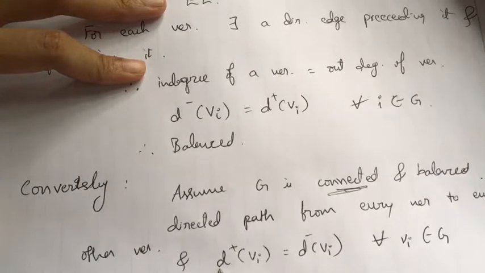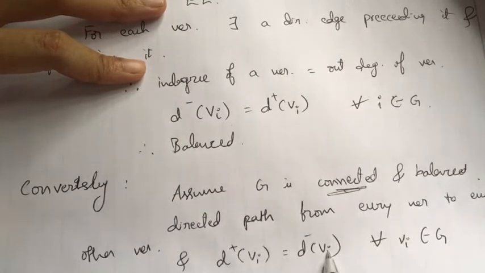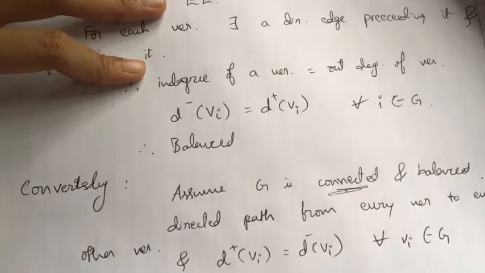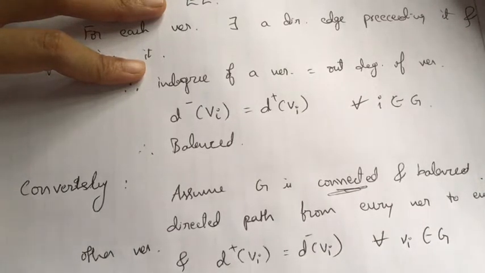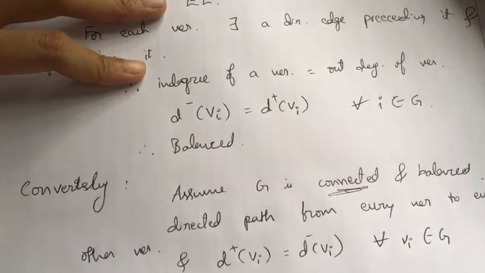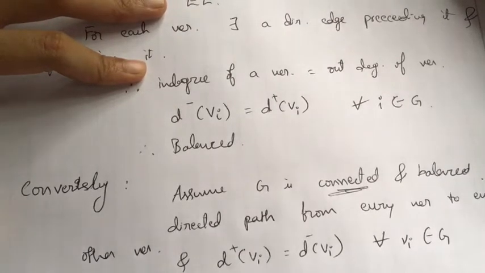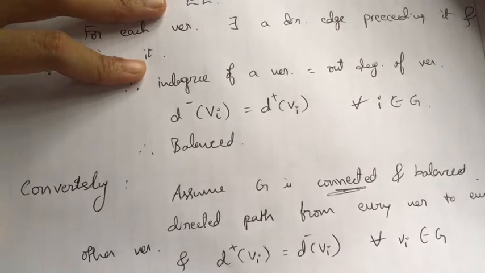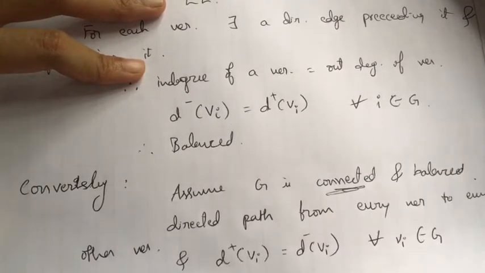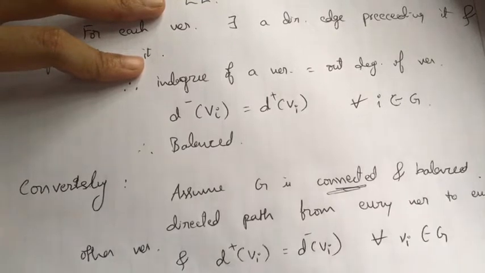Since the graph is balanced, for every vertex in degree is equal to out degree. For any edge I consider, there exists an edge to exit. That is true for all the vertices. Therefore, there exists a directed walk which passes through all the edges.